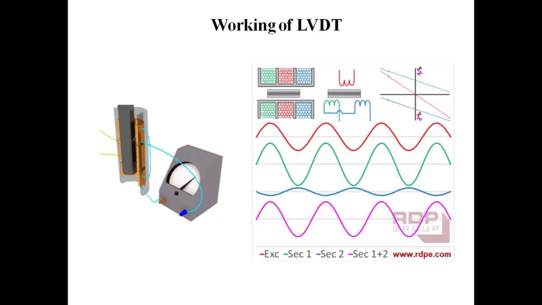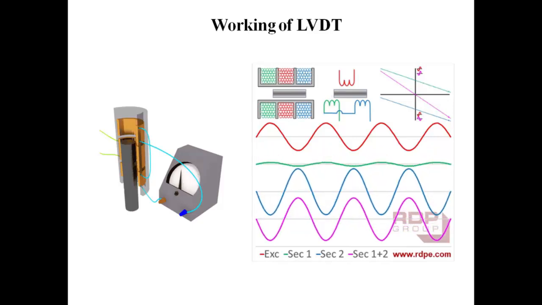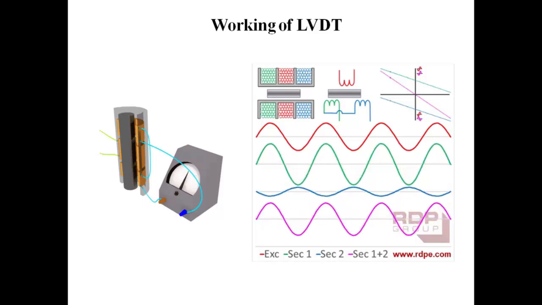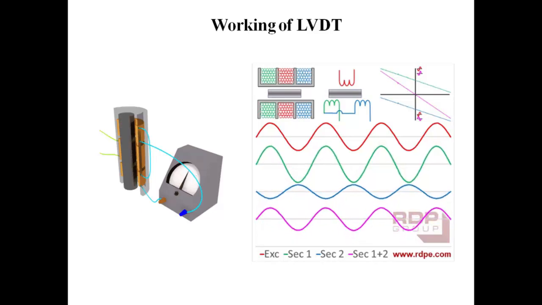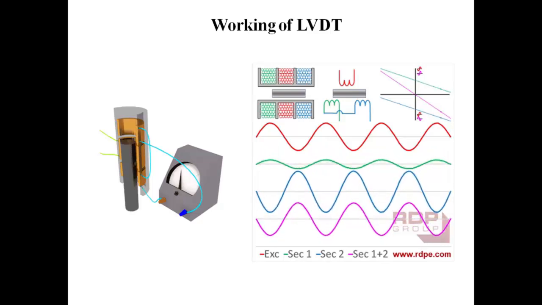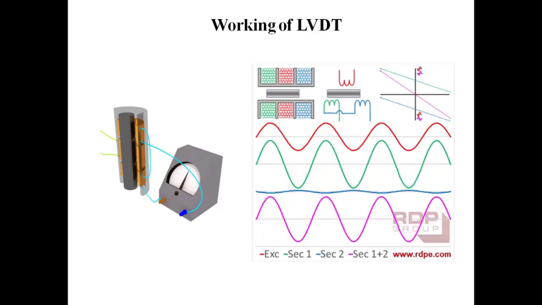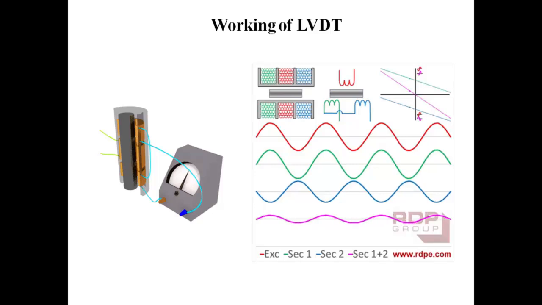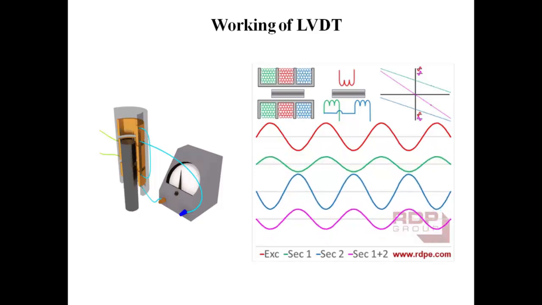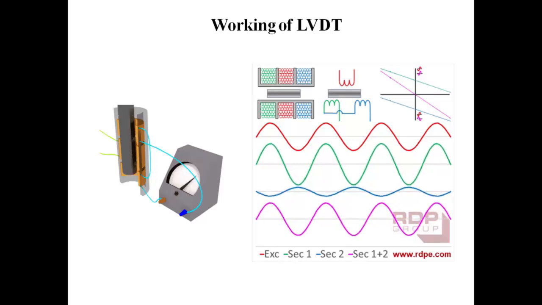Now this displacement can further be connected to maybe pressure, maybe strain, maybe force. If there is some force being applied, force results in displacement, and displacement results in electrical voltage due to mutual induction. Likewise, you can use this concept for designing passive transducers in a variety of applications where we can connect the physical parameter to the mutual induction concept, and the output will be reflected in terms of change in voltage.